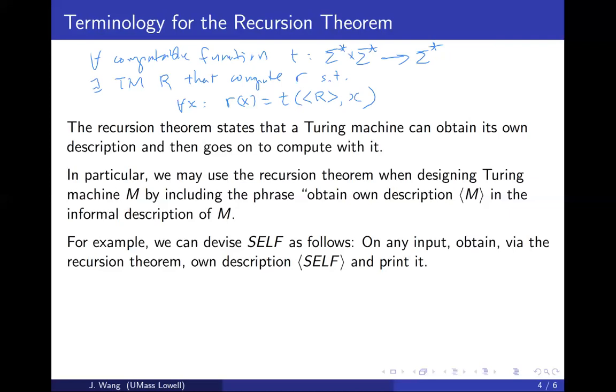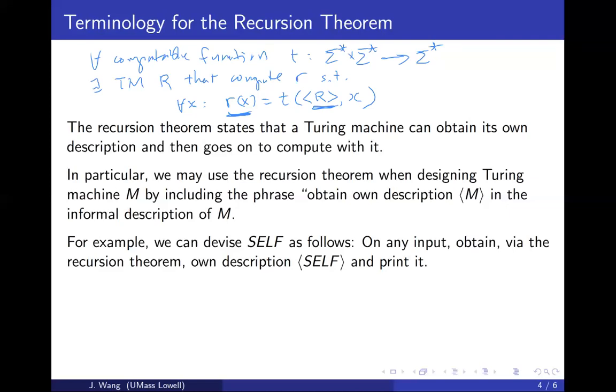So that's what it means: a Turing machine R can obtain its own description and then go on to compute this, because capital R computes small r.